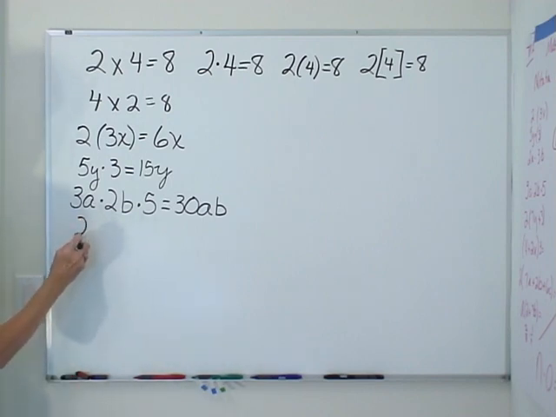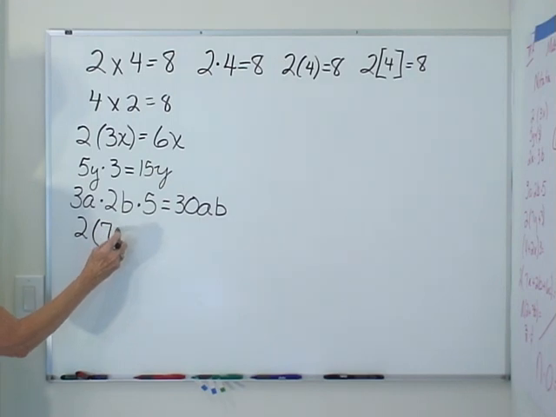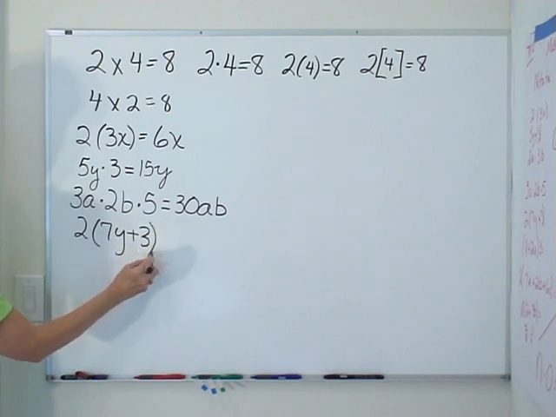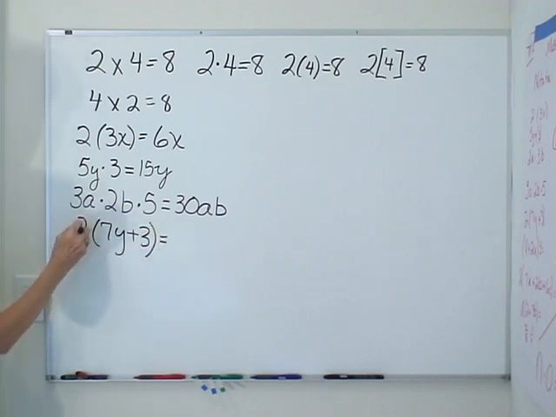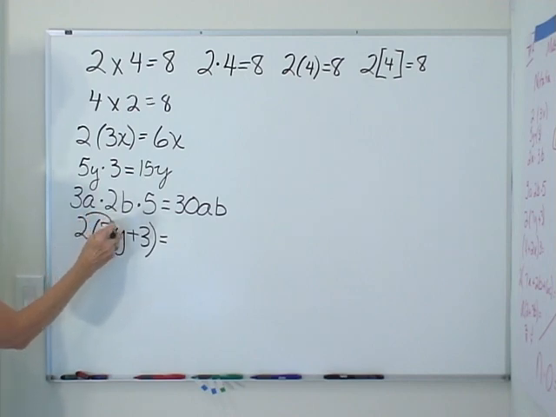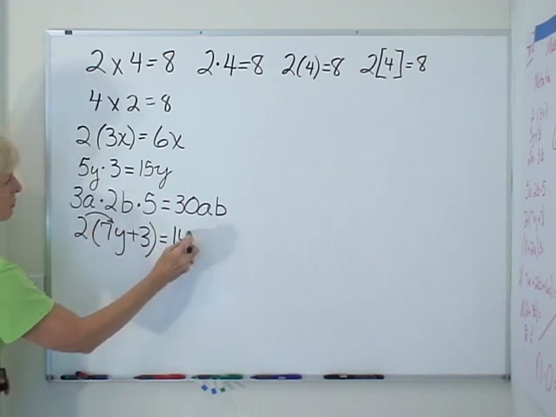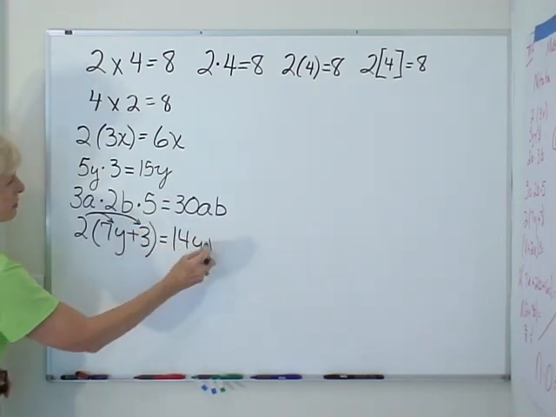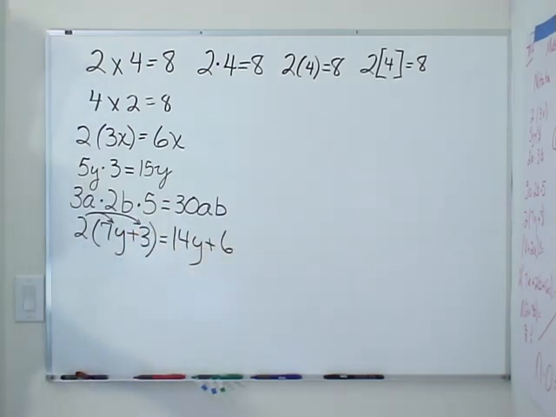Sometimes multiplication looks like this, where you have parentheses with an adding or maybe a subtracting sign inside it. And if you have those kind of problems, you just take this number that's outside and you multiply it by each one of these 2 terms. You multiply it by 7y and you get 14y. You multiply it by 3 and you get 6.